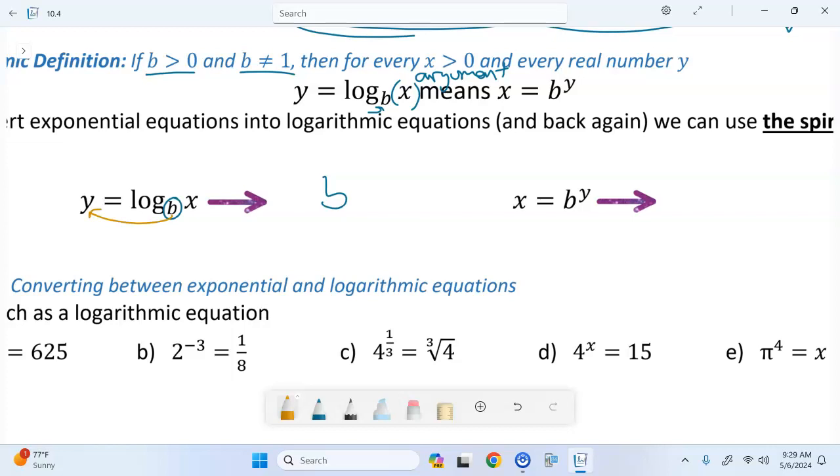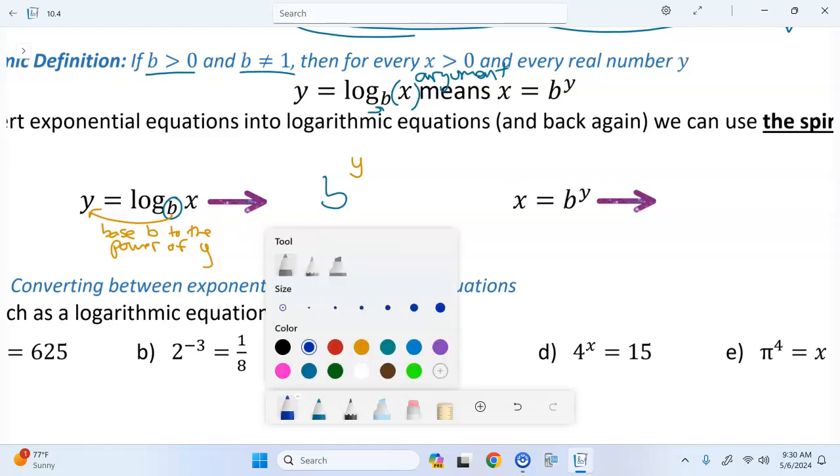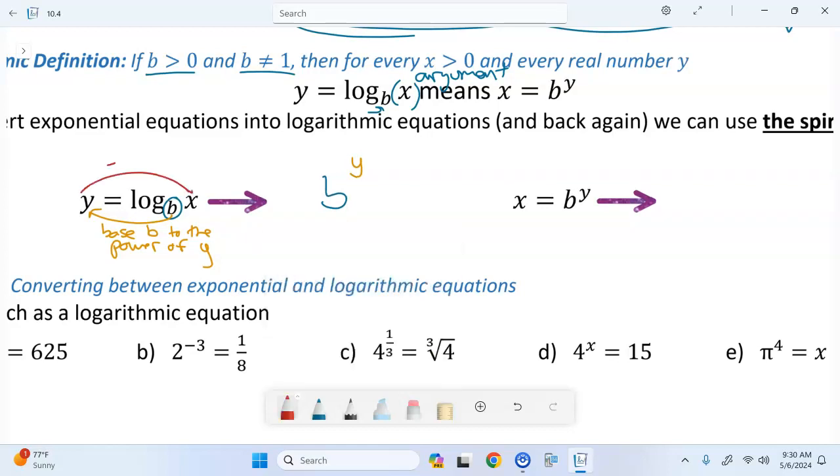And what this says is I'm going to have base b to the power of y. Okay? So base b to the power of y, and then we come back around on our spiral equals x. And that's how we get a logarithm into exponential notation.